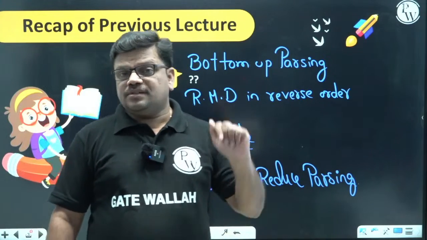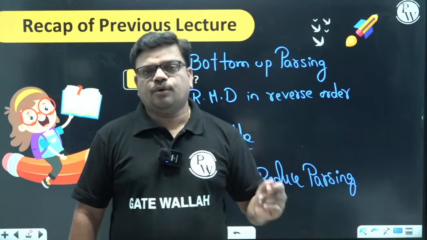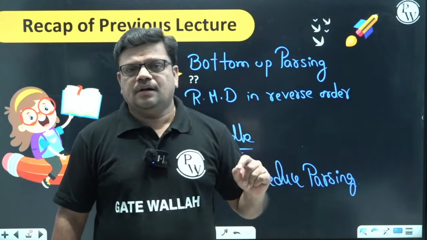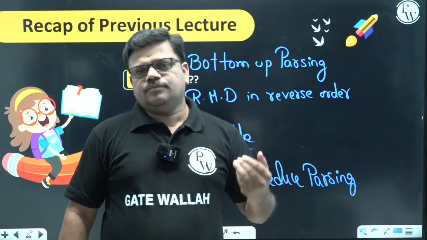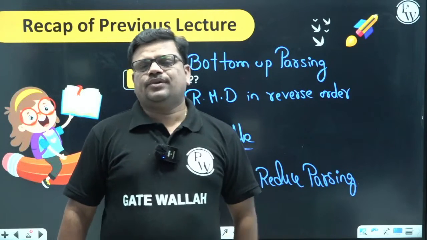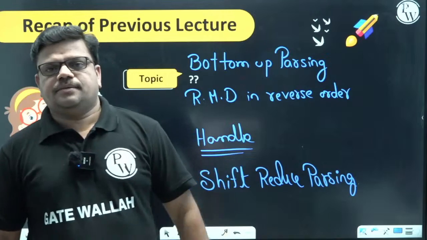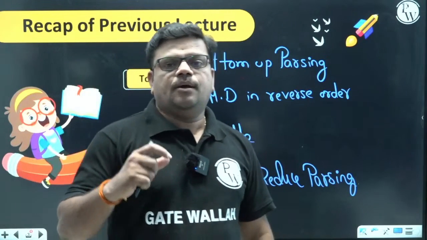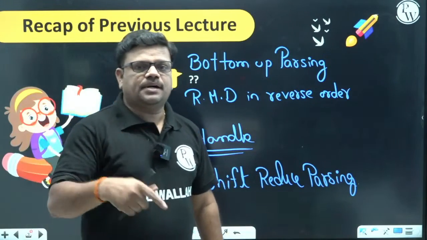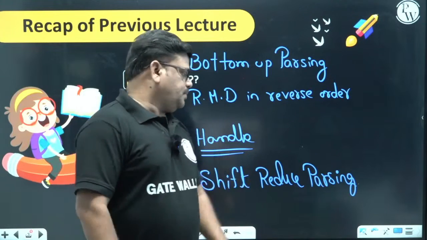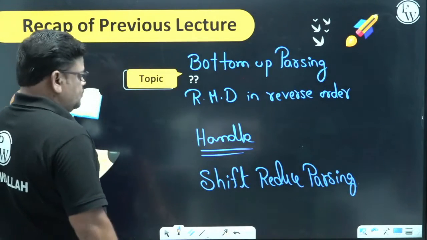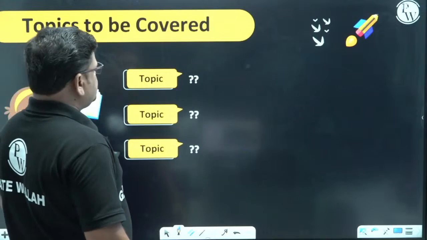That program uses mainly 4 operations: shift action, reduce action, accept action, error action. By using these 4 actions, performing parsing is called shift reduce parsing. Right. So this is what we have discussed in the last class.